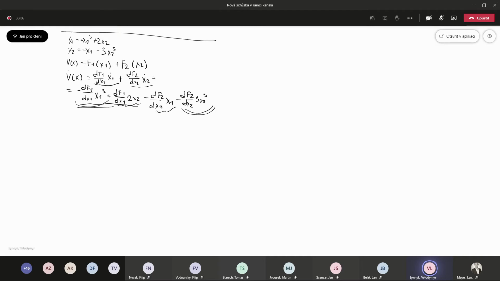We need to eliminate this part. What we can do is write df1/dx1 2x2 minus df2/dx2 x1 is equal to 0. We want to eliminate this part, so this is equal to 0.